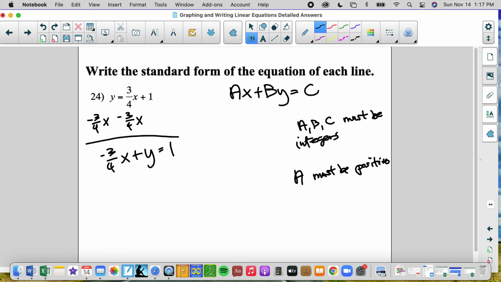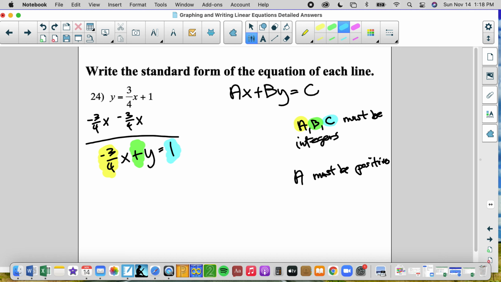Now I got a couple issues. A, B, and C. What is A? Right now, my A value, let's use a highlighter, my A value is negative 3/4. My B value is going to be positive 1. And my C value is going to be also positive 1.